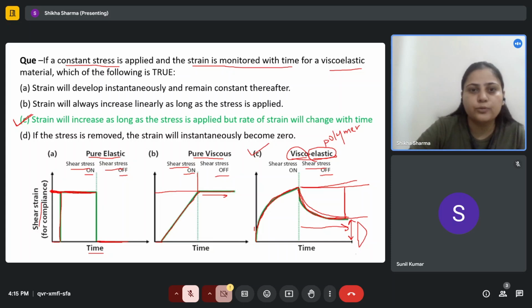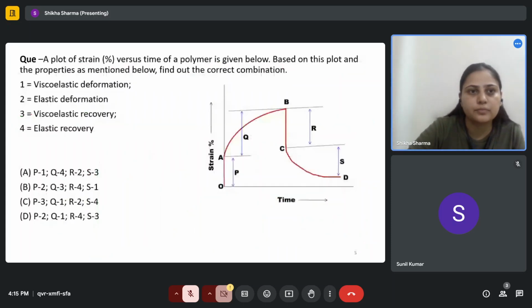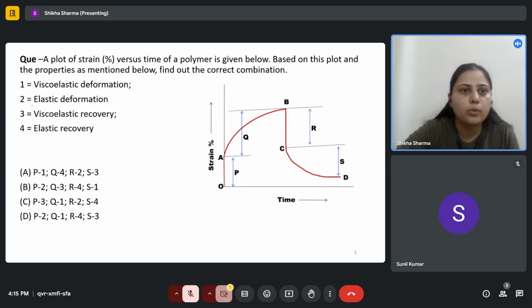Now let's move to the next question. A plot of strain percentage versus time. There is a plot of strain on the y-axis versus time on the x-axis of a polymer given below. Based on this plot and the properties mentioned below, find out the correct combination.